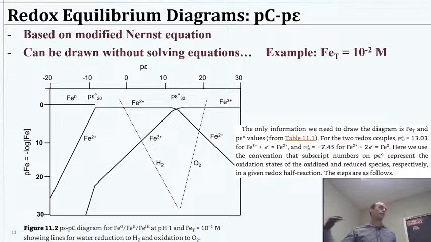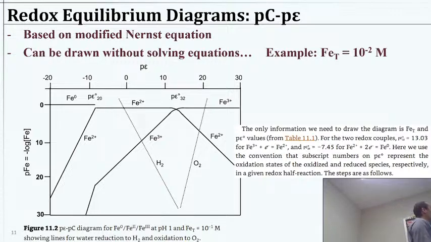The modified is just to do the p. But this one in particular, I think we can do without solving any equations. At least that's what the book's saying. As long as we know something about the total iron and the parameters we could grab from the book's table for the two redox couples we're going to look at with iron.